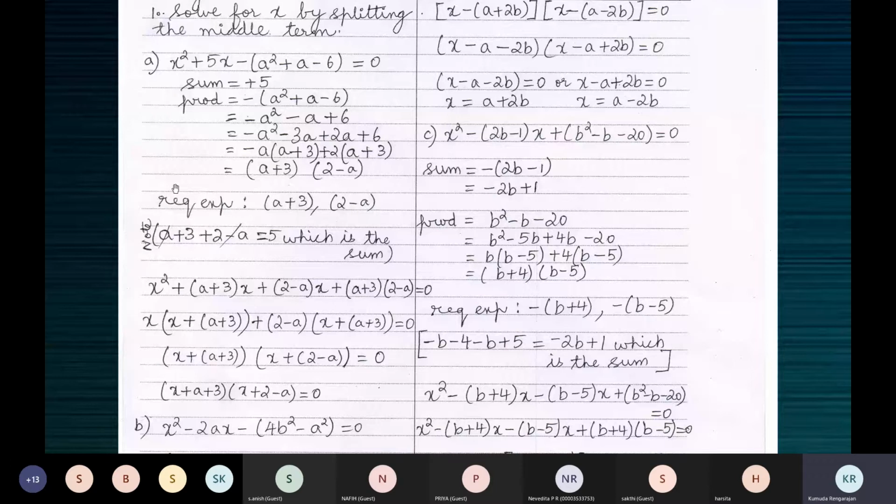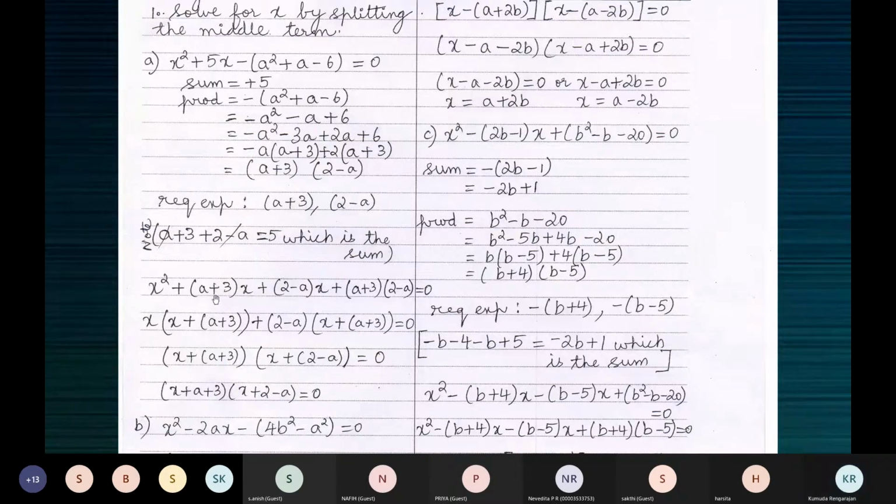So write the first term x square as it is. Write the last term as it is, meaning here we will be writing the factors of the last term. So plus A plus 3 into 2 minus A is equal to 0. Write that as it is. Now split the middle term. The middle term is 5x. We write that as A plus 3x.